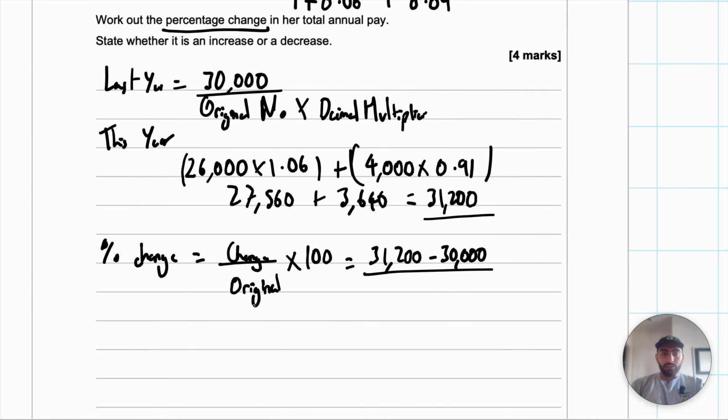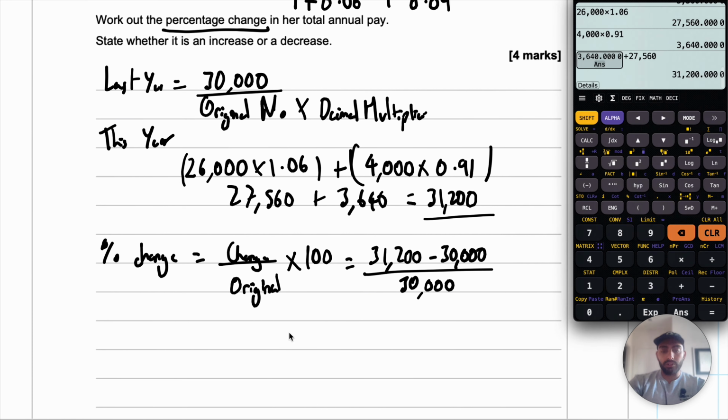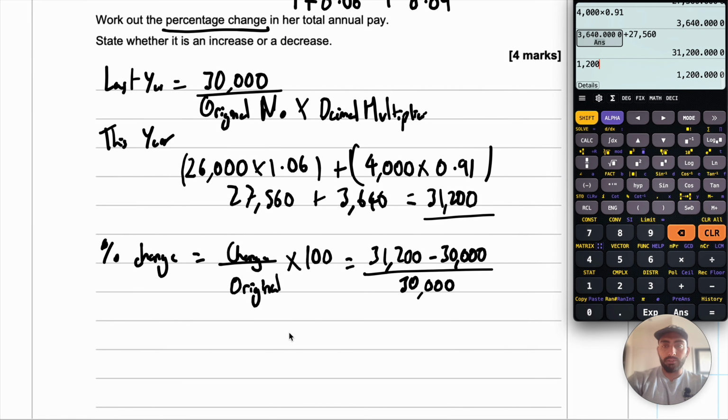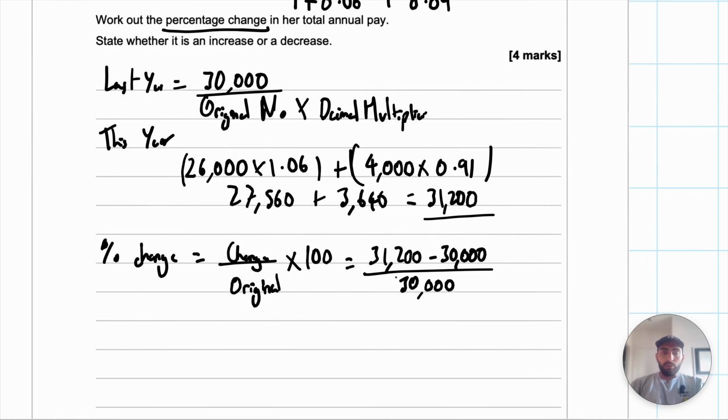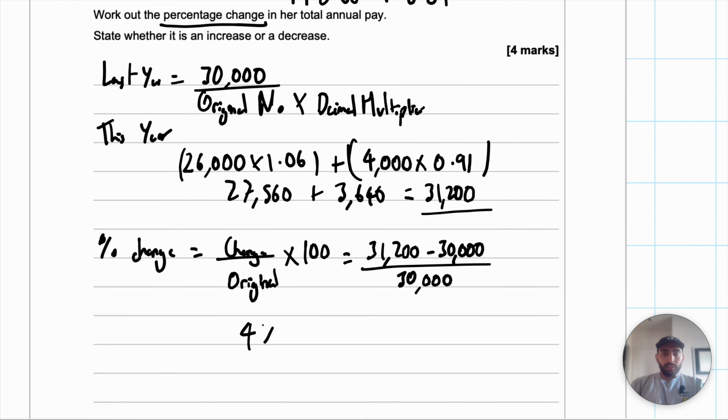And the original is what we started off with, that was 30,000. This bit on the top would simplify to 1,200. So I've got 1,200 divided by 30,000, and that's 0.04. We need to multiply that by 100, and that gives me an answer of 4%. So the answer is 4%, but we need to decide whether it's an increase or a decrease. So it's gone up from 30,000 to 31,200, so that means it's an increase.